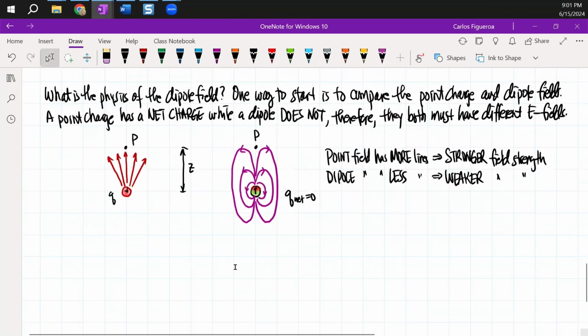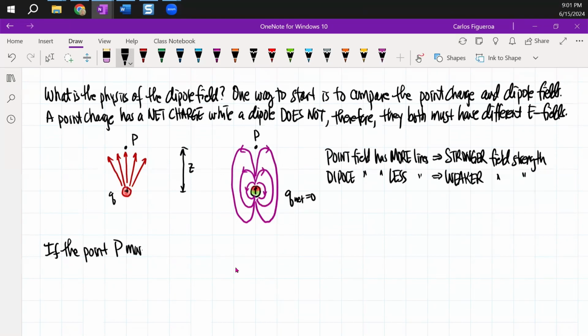So the only thing we can conclude here is that if the observation point P moves far from each charge distribution, there is a clear difference.